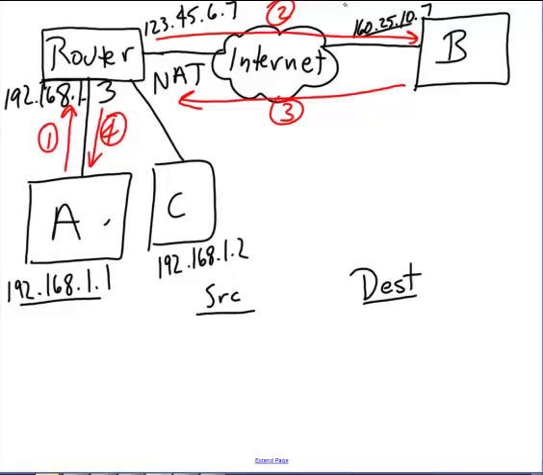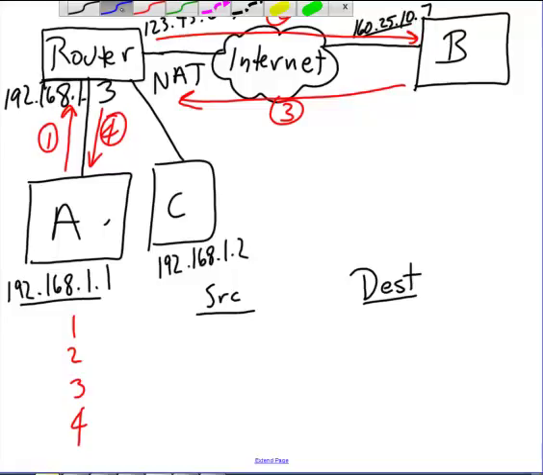Now, at each step, I'm going to illustrate the source and destination IP addresses for that packet. I'll do them in blue just to make them stand out a little bit more. All right, so at step 1, we're sending a packet from A to the router.